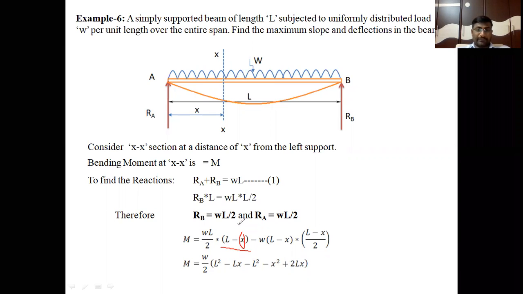If you substitute L by 2, we get L minus L by 2, which is L by 2. If x is less than L, we can take it as the same value and we have to consider this term. If the x value is more than L, then that bracket term can be neglected. This negative bracket term is neglected.